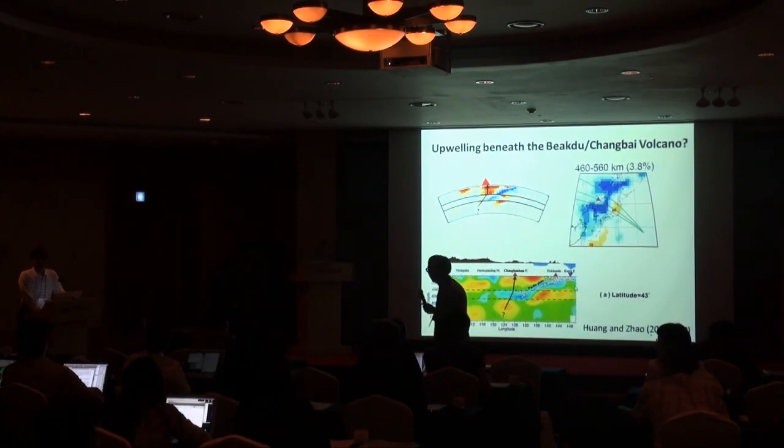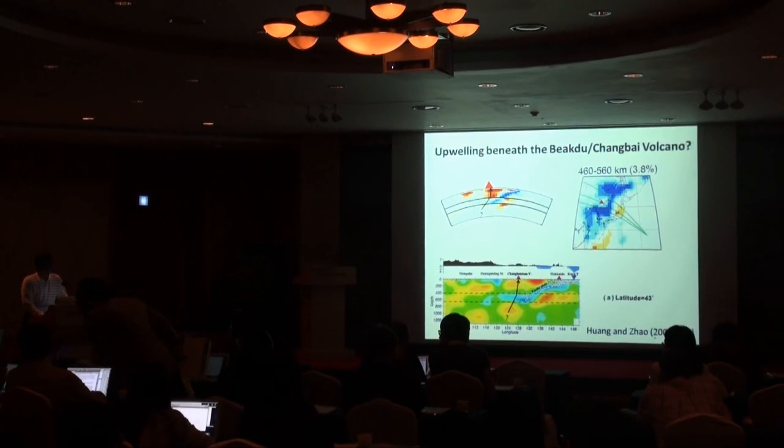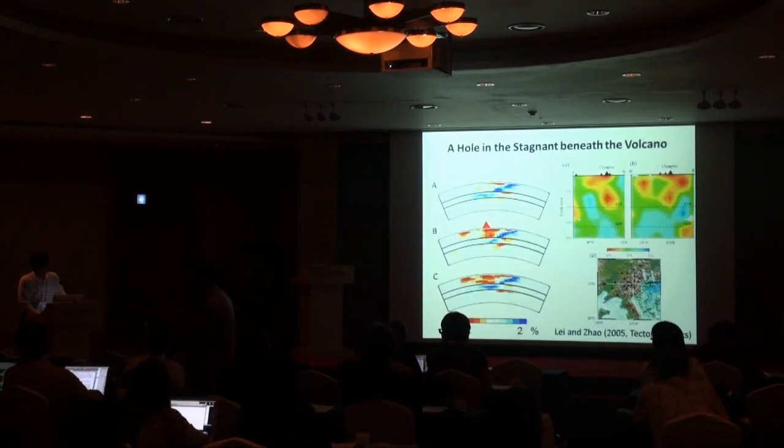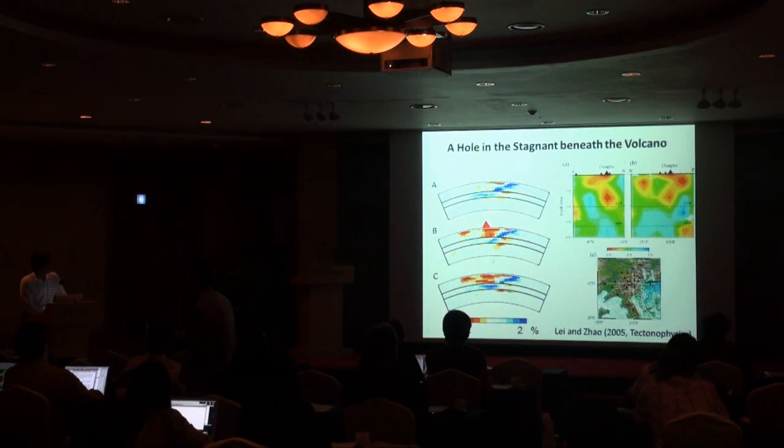When you show the different slices, the low velocity anomaly below the slab is less pronounced in your tomography compared to the one below the slab. This one.